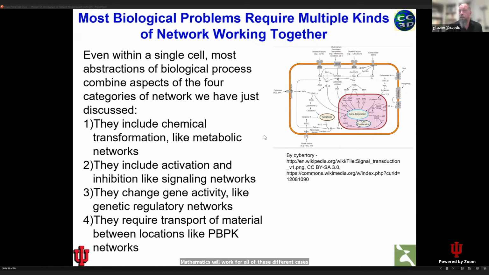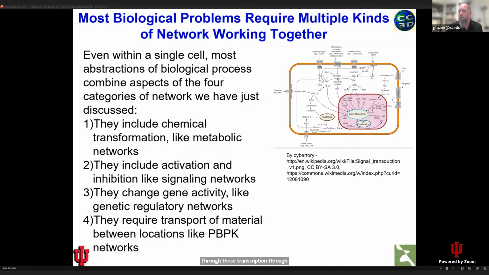In reality, biological problems always involve all of these kinds of networks. They're going to include chemical transformations. They're going to include signaling. They often will include changes of gene regulation, and they'll also always include transported material. And so the actual regulation of the state of a cell, for example, whether the cell is going to live, die, or reproduce, is going to depend on a whole bunch of signals coming in from the outside through these receptors here.